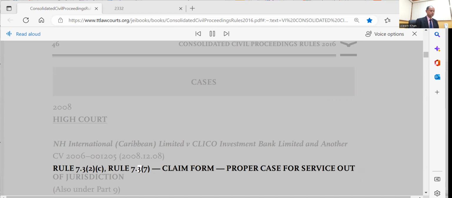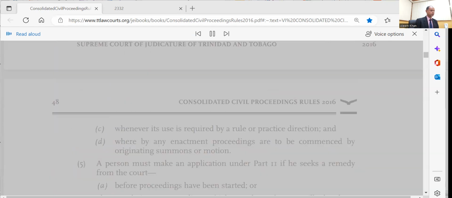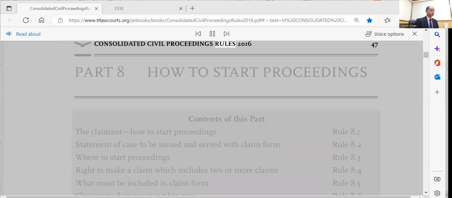Rule 7.3, 7, Claim Form, Proper Case for Service out of Jurisdiction, also under Part 9. Supreme Court of Judicature of Trinidad and Tobago, 2016. Consolidated Civil Proceedings Rules 2016-47.